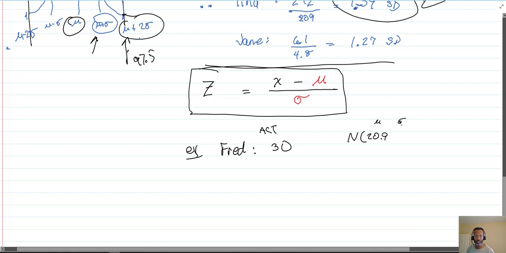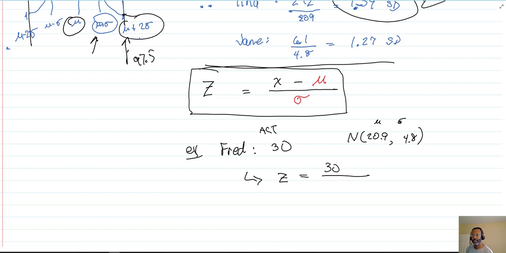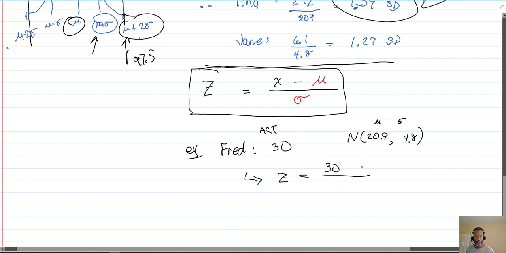They always follow in order, the mean and then the standard deviation. We just use this shorthand notation. So Fred's score of 30, let's turn that into a z-score. His z-score is going to be 30, and then let's look at how far away he is from the mean, and then let's scale this in terms of standard deviations. So Fred's z-score is 2.94.